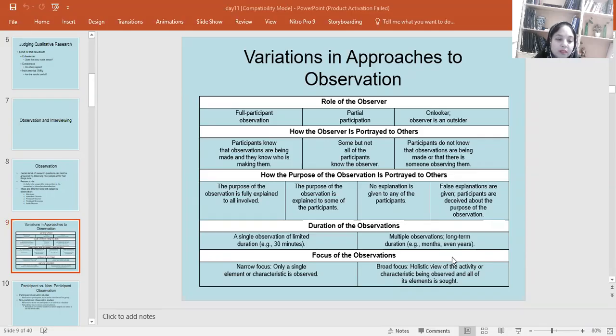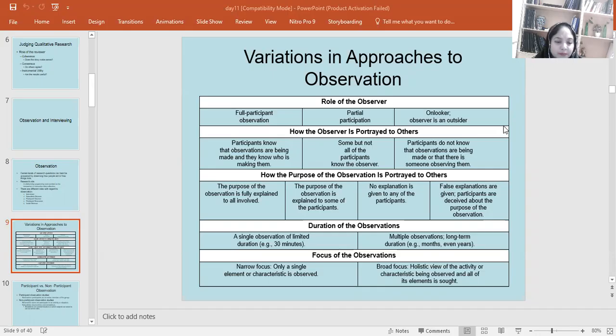As I have already discussed, if you are performing a role as a researcher and as a respondent, and you are part of the setting, that is full participant observation. In partial participation, you are there and to some extent you are with the respondent or part of the setting, but your major role is observer, not participant. So that is called partial participation.